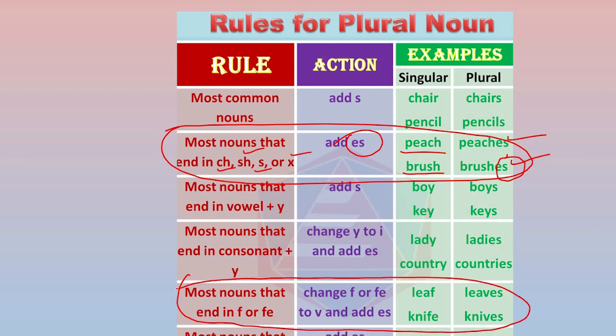Most nouns that end in f or fe, we change f or fe to v and add es at the end to make it plural, like leaf, leaves. We have removed the f here and added ves. Knife, knives. Knife is a singular form and the knives is a plural form.